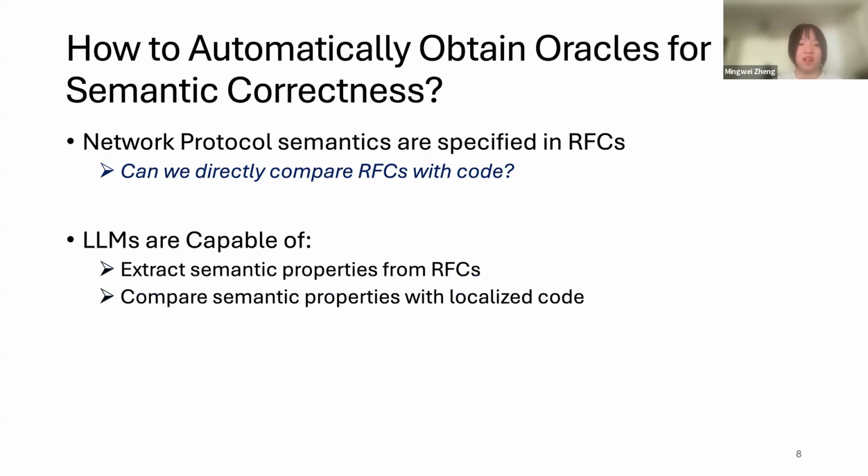The answer could be yes, because with the reasoning abilities of modern language models, this is now possible. The key insight here is that a language model is capable of extracting semantic properties from natural language documentation, which is RFCs, and also of comparing these extracted semantic properties with some localized code.